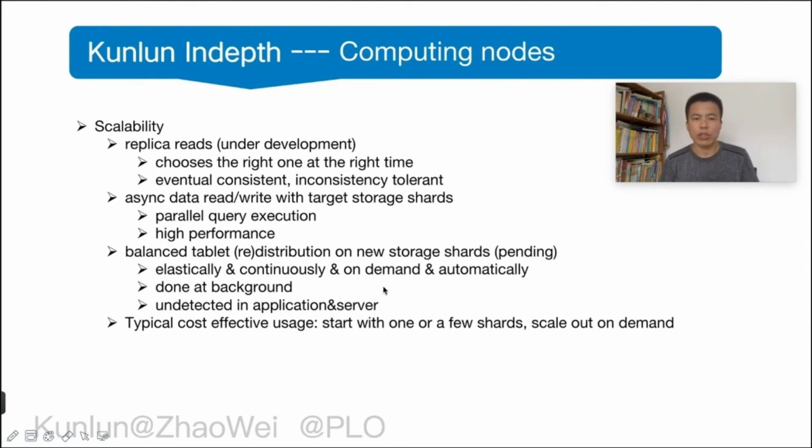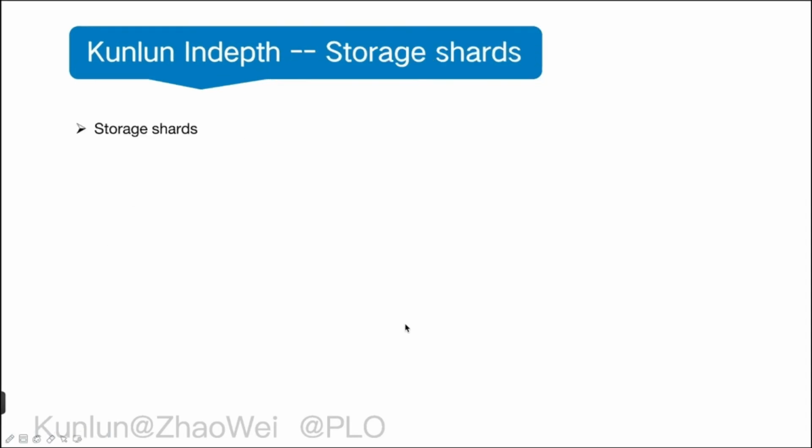So with this feature, users can use a Kunlun cluster in a typical cost-effective way. That is, you can start with one or a few storage shards. And when your business grows, when you have more and more data, you can scale out on demand very easily and simply, automatically.